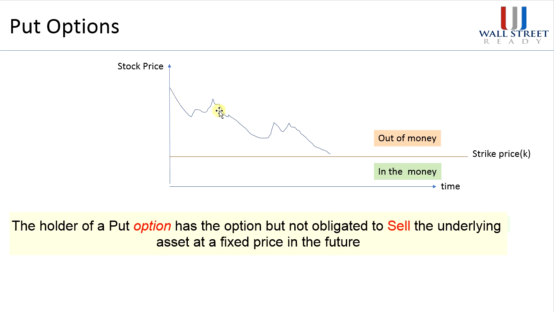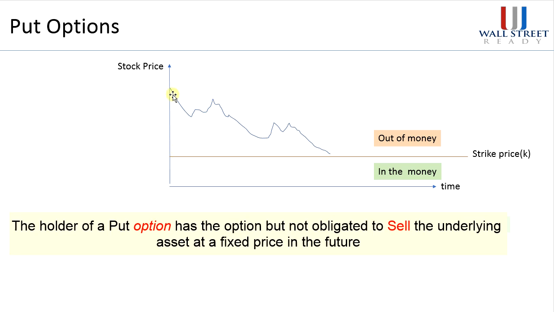The closer it gets to in the money, the higher the premium. If you're buying the put option somewhere here, the premium will be more than if you're buying the put option somewhere here, because the stock price has to travel all the way below this point for the option to become profitable.